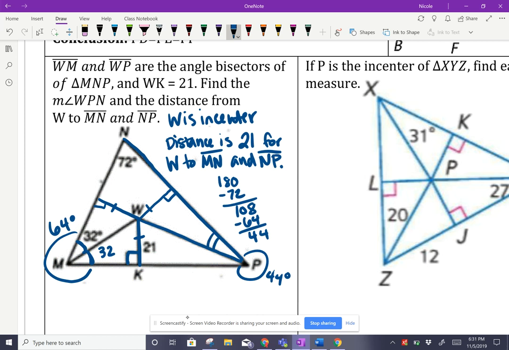And remember, these are congruent to each other. So if the whole thing is 44, divide that by 2, and the measure of angle WPN is equal to 22 degrees. So we have angle bisectors, we have congruent pieces, we have perpendiculars. Angle bisectors and the incenter provide us with some great information to solve the missing pieces of our triangle.